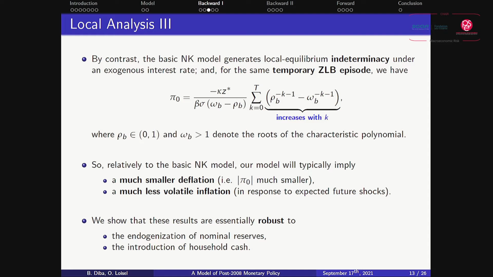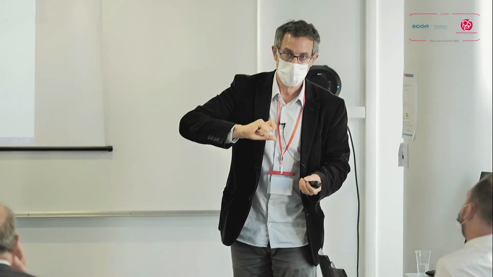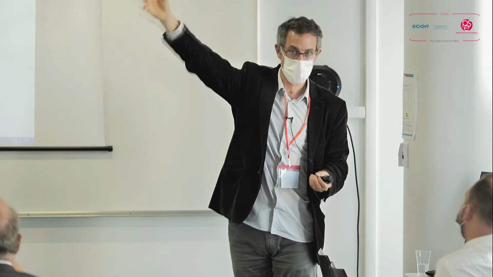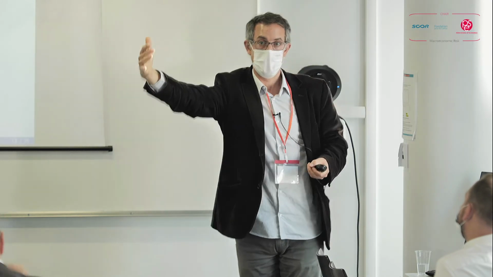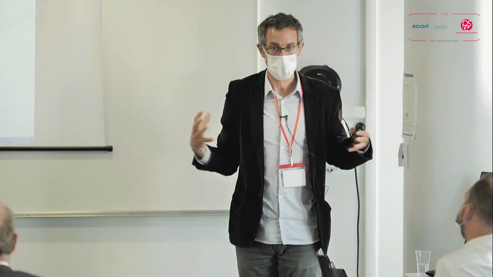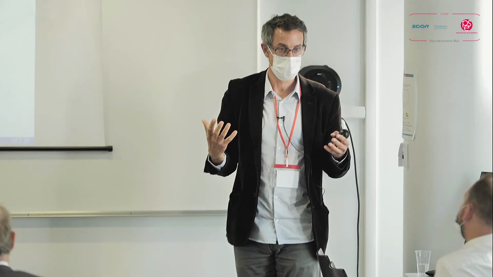So that means that relative to the basic New Keynesian model or to standard New Keynesian models, the model will typically imply a much smaller deflation during a temporary ZLB episode. Also, a much less volatile inflation, because in standard New Keynesian models, because of this term here, which increases with the horizon K, any change in today's expectations about the values of future shocks, K periods ahead, is going to have a big impact on today's inflation, today's output.